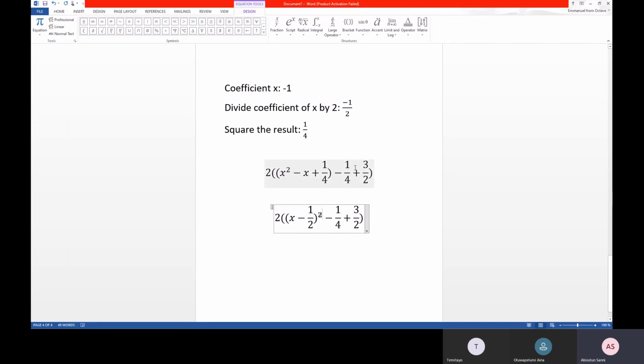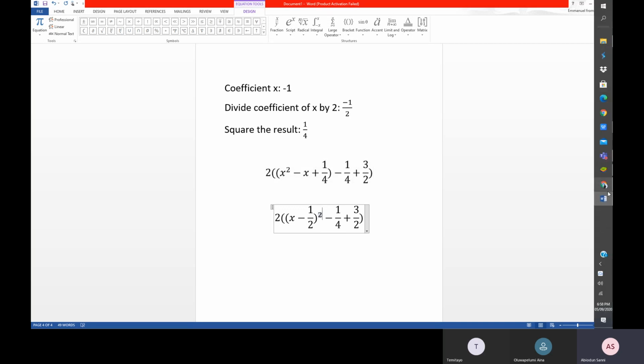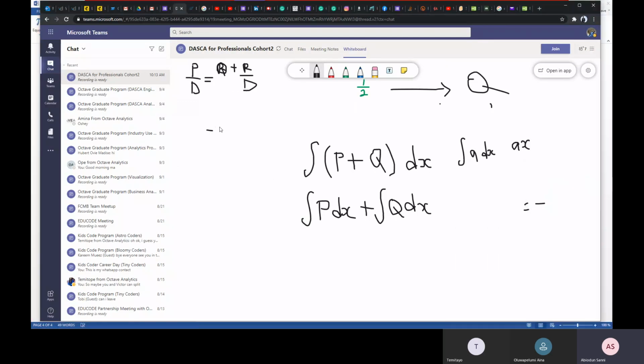Okay, so now minus 1/4 plus 3/2. What will be our answer? Let's do the simplification. The LCM is 4. 4 divided by 4 is 1, 1 times 1 is 1, so minus 1.